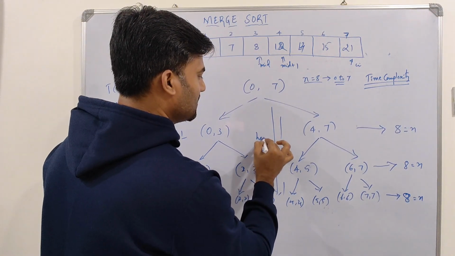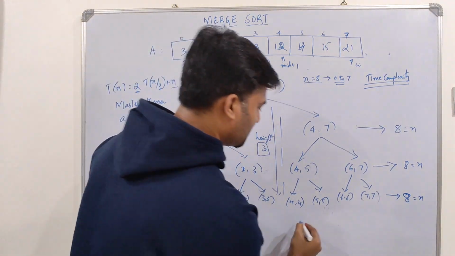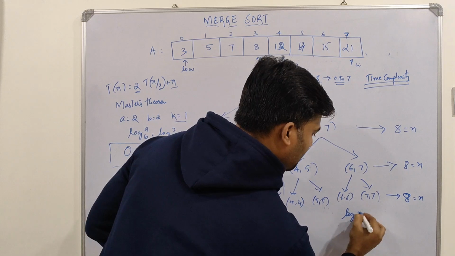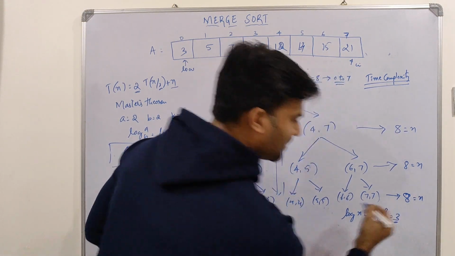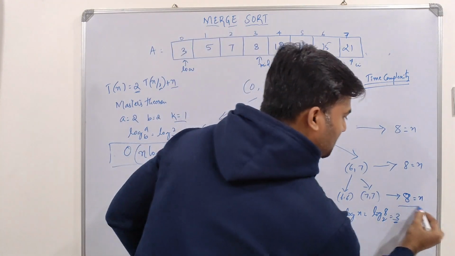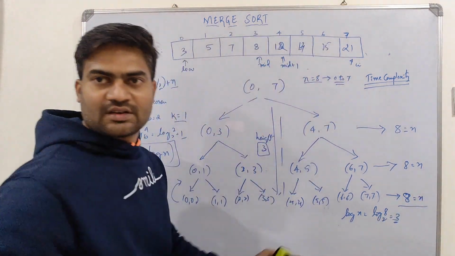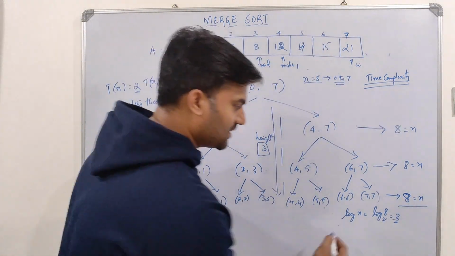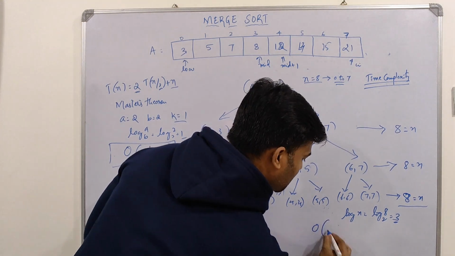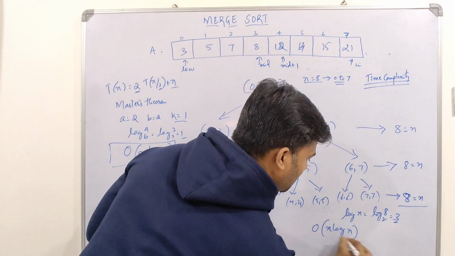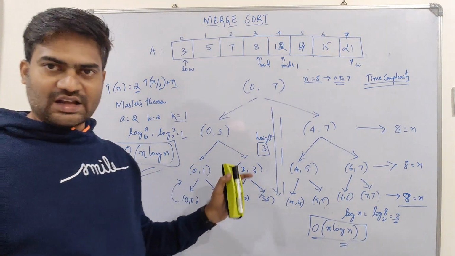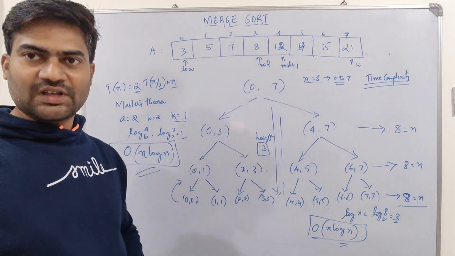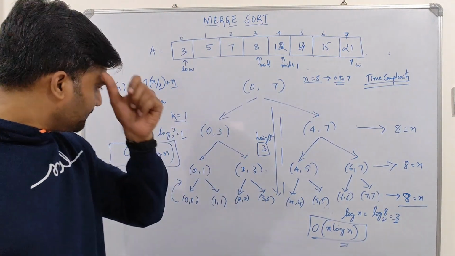So height is 3. It is of log n, because log 8 to base 2 is 3. Now in each step it is n and the height is log n. So it is of order n log n. So this is one more way how we can analyze the time complexity for this particular algorithm.